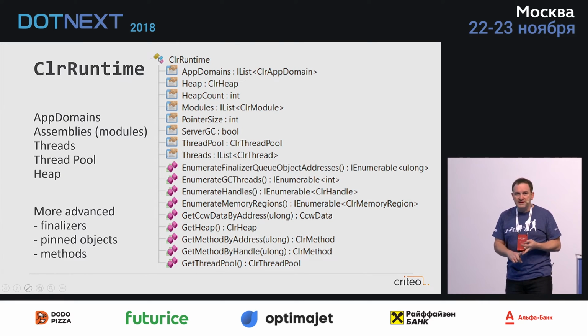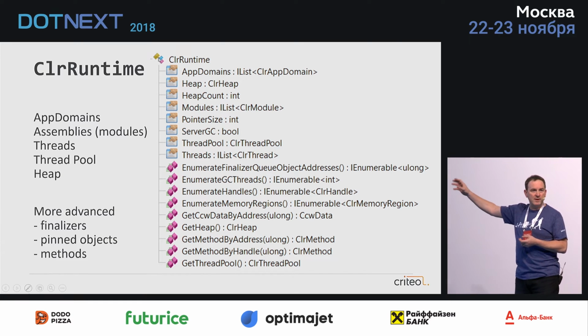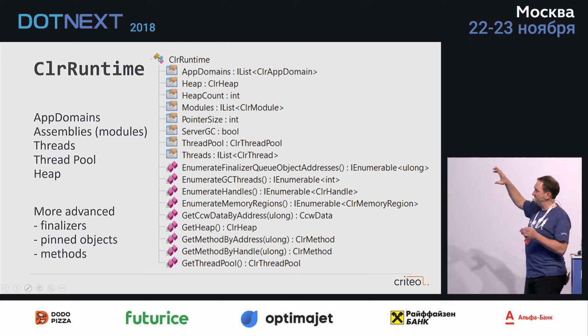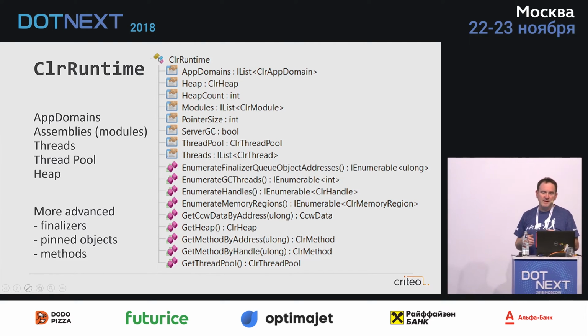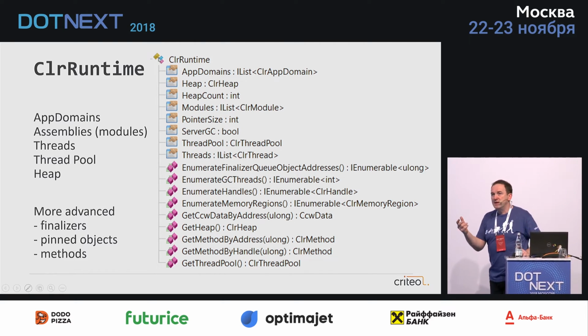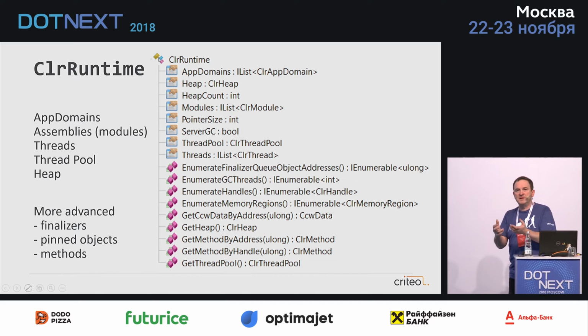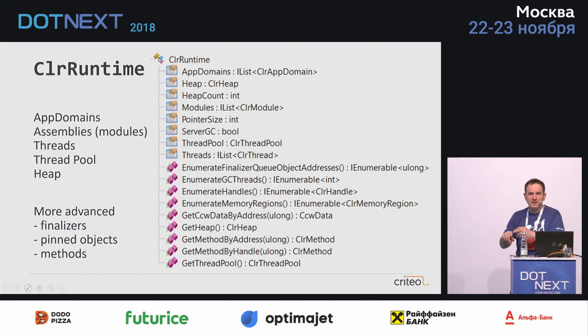For those of you who are doing some COM interop, you have some information about the COM callable wrapper, called the CCW. Really deep, okay? You can even get information about delegates. If you get the address of a delegate, you can get a CLR method that wraps the information to get the signature, the type, even the IL, whatever you want.